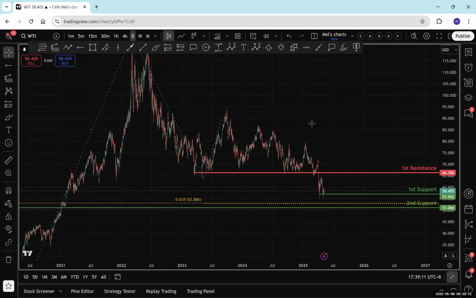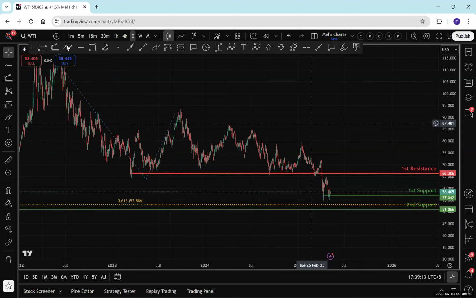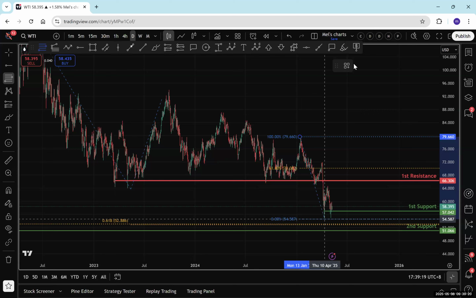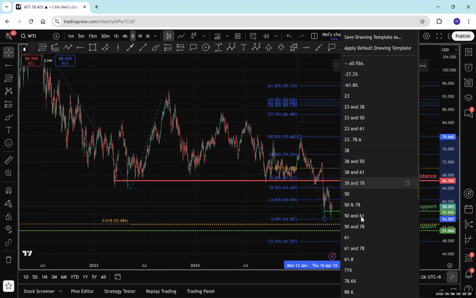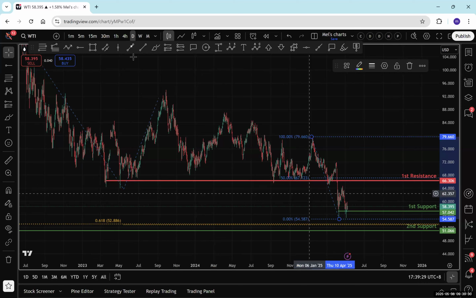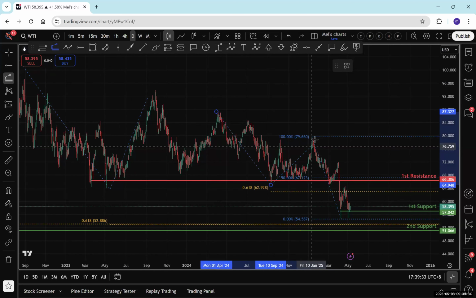Now we can zoom in and see if there are any other Fibonacci levels. So I'm going in with a retracement here. My 50% lines up with that first resistance. Let's see for projection.